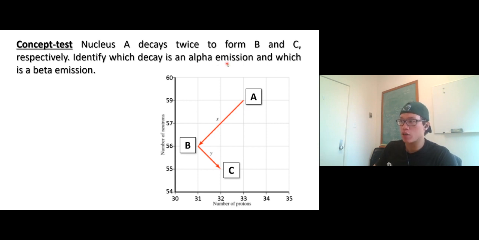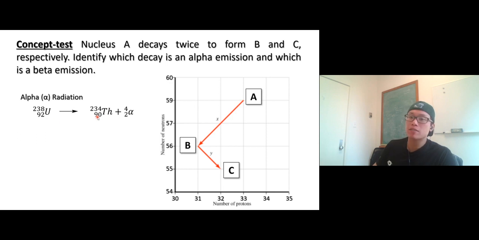Releasing an alpha particle, what happens to the nucleus? The mass number is reduced by 4 and the atomic number is reduced by 2. Basically, when the alpha particle, which is helium, comes out, the number of neutrons is reduced by 2 and the number of protons is reduced by 2.